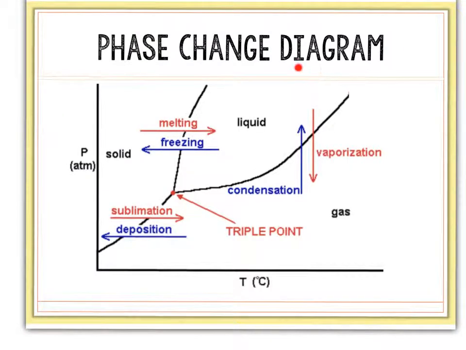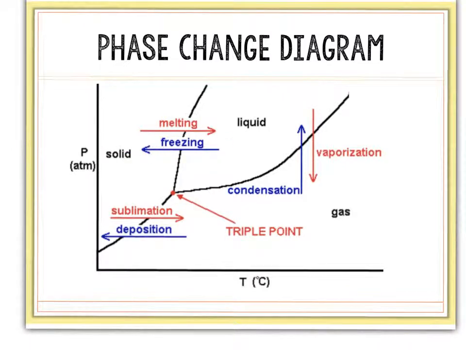This right here is a phase change diagram. If you need to, you're going to pause this as needed, but you will need to write in the information here so that you understand that going from a solid to a liquid is melting. Going from a liquid to a solid is freezing.